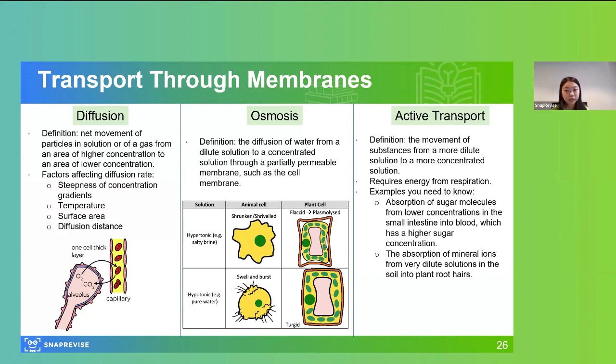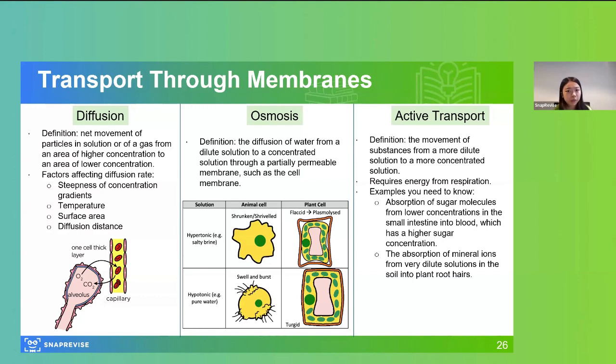So the definition of osmosis would be the diffusion of water from a dilute solution to a concentrated solution. And that's one part of it. Second mark, people always forget, you have to write this down, is through a partially permeable membrane. When you're talking about osmosis, you have to talk about a partially permeable membrane.